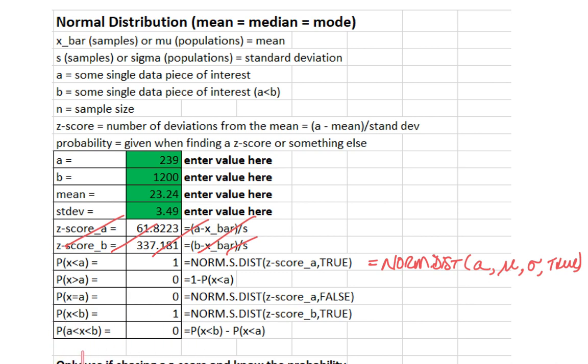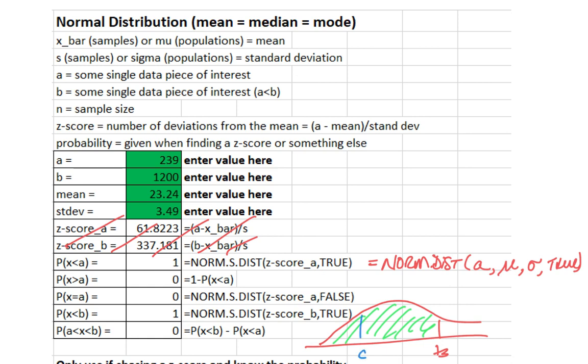And then here's the important one: if you want the probability between 2 points, you find the probability of X less than B minus the probability of X less than A. And what that is, let me just show you a quick little picture. So suppose here is where B is, and when you do the norm.s.dist, because you found the z-score, or if you are using the norm.dist and you're using the raw data piece, the mean and the standard deviation, then this is what you're getting when you say true.